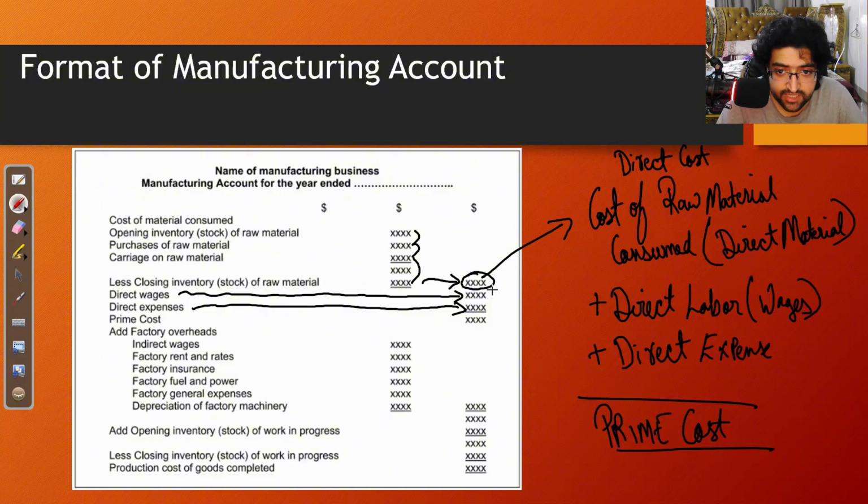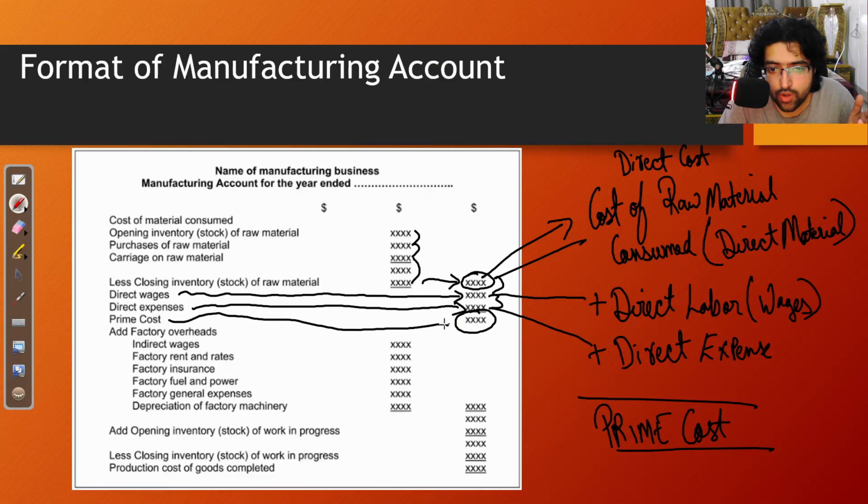Once you add cost of raw materials consumed, direct labor and direct expenses, you get prime cost. Prime cost is simply the sum of all the direct costs of the factory.